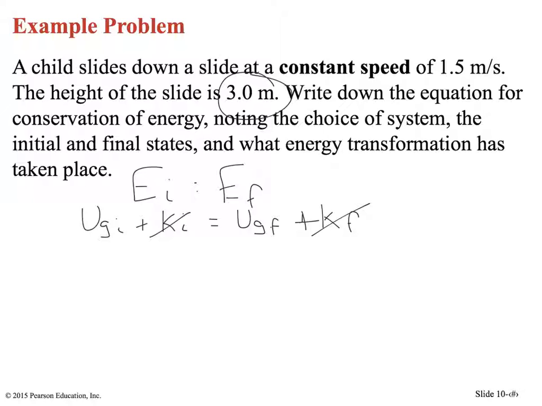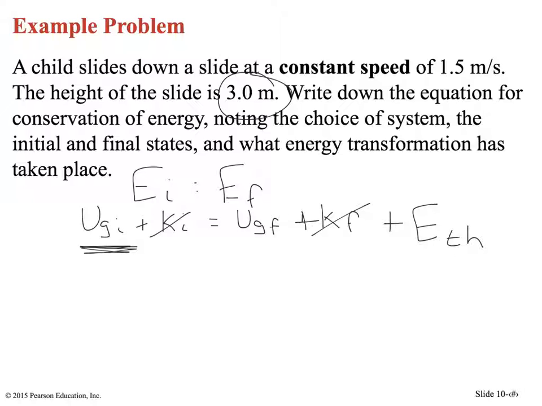So the other thing that you're gaining here is thermal energy. As this child slides down the slide, they are going to gain thermal energy. So as the potential energy initial drops, this number of potential initial is going to drop when it goes to potential final, and the transfer goes to thermal energy.